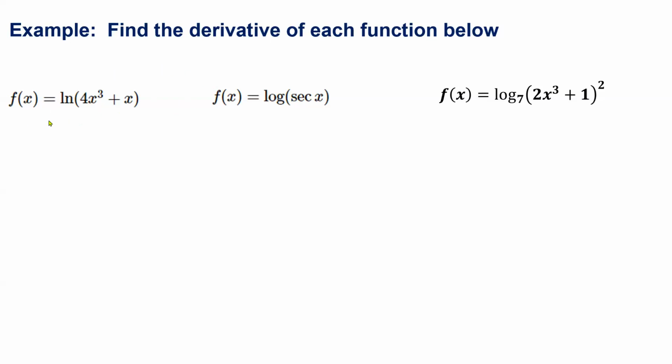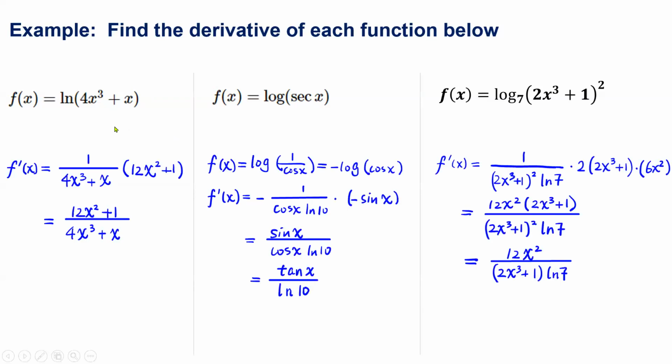So note that each of the functions here is a composite function, right? So please do not forget to use the chain rule. Okay, first function f(x) equals ln, which is log base e, of 4x cubed plus x. The outer function is ln u, right?